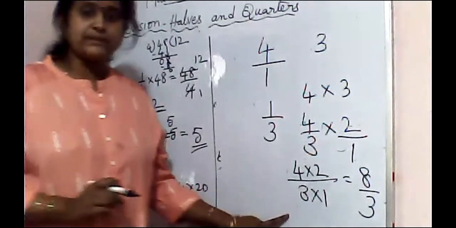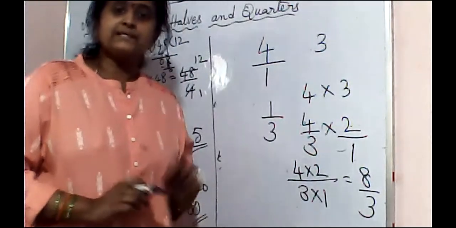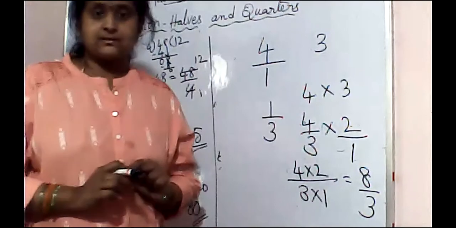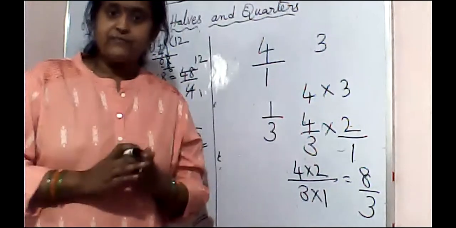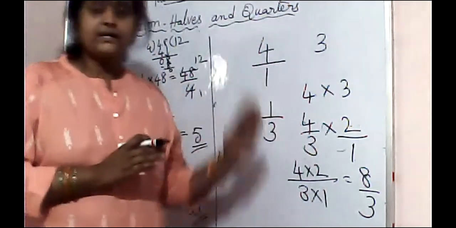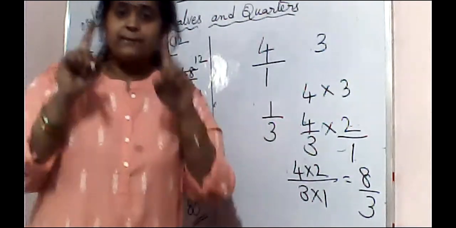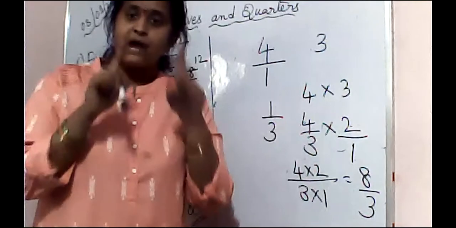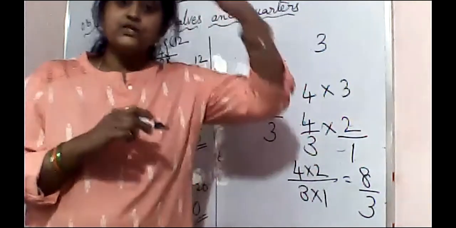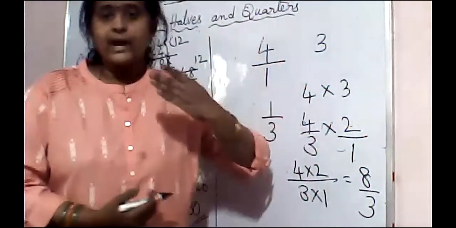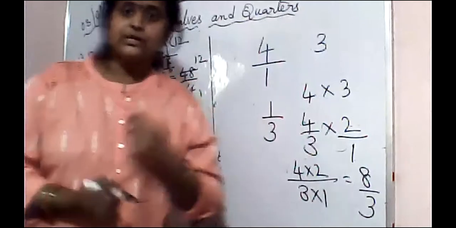While cancelling or dividing fractions, remember: if the numbers are both in the numerator, we multiply. If the numbers are in numerator and denominator, we divide. You should remember that point.